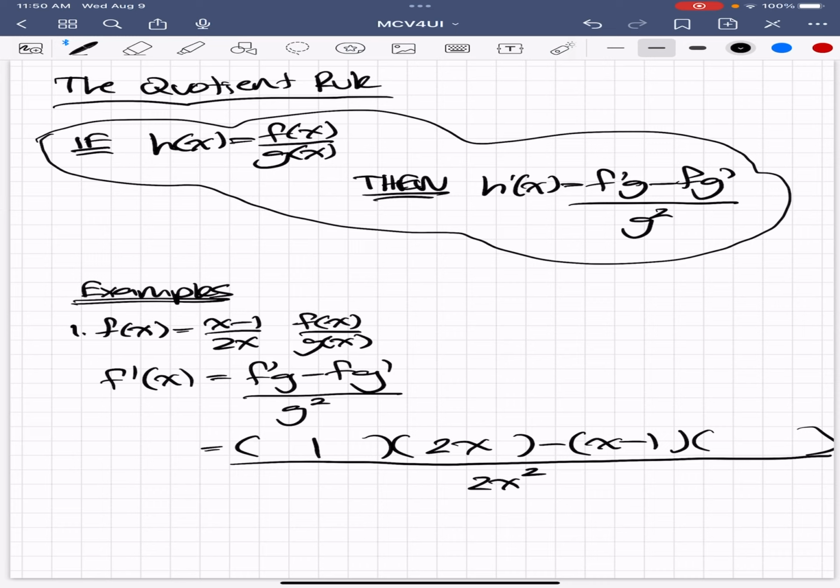Using the power rule, the derivative of x is 1, the derivative of negative 1 is 0, so I just put 1 there, and the derivative of g is 2.